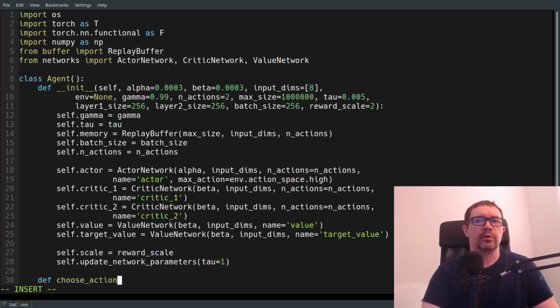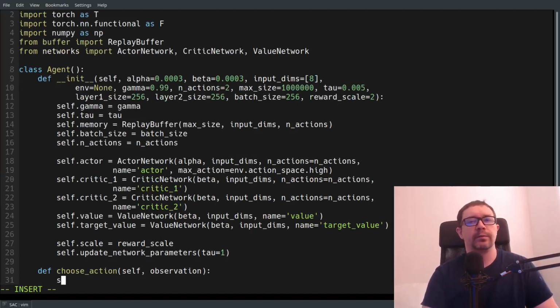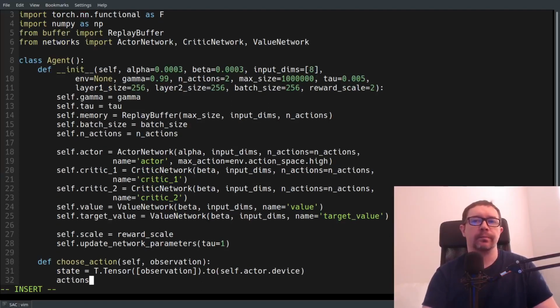So now we need a function to choose our action. That takes an observation of the current state of our environment as input. So let's go ahead and turn our observation into a PyTorch tensor and send it to our device, so it is a CUDA tensor.